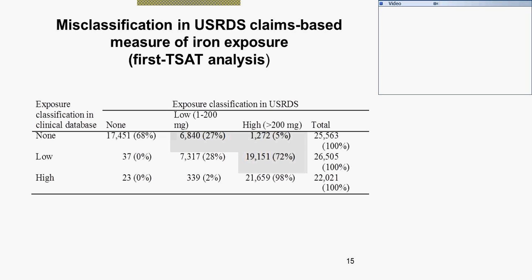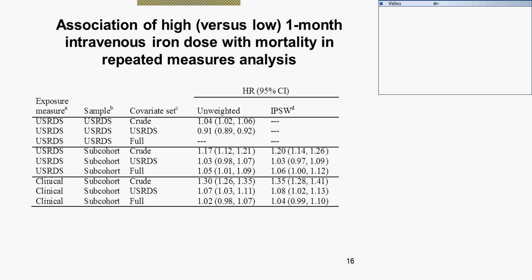It turns out that you can only bill for vials of iron, so you can bill for 100 milligrams, but patients often get 25 milligrams or something. So some iron is discarded, which is a perfectly legitimate thing to do. It's not fraud, but I think it's what's going on here. So there's considerable disagreement between these two measures of exposure between these databases.